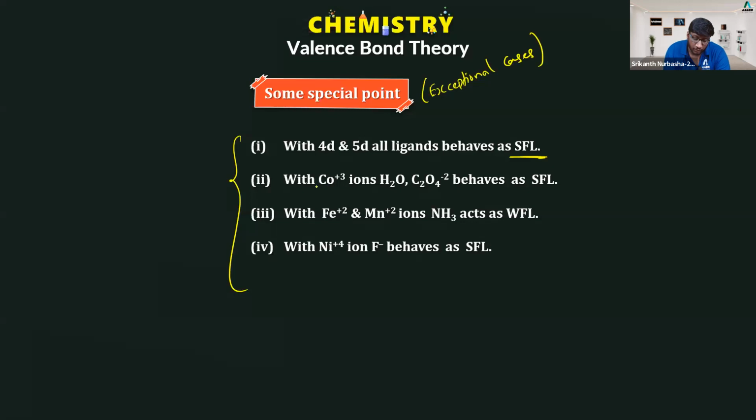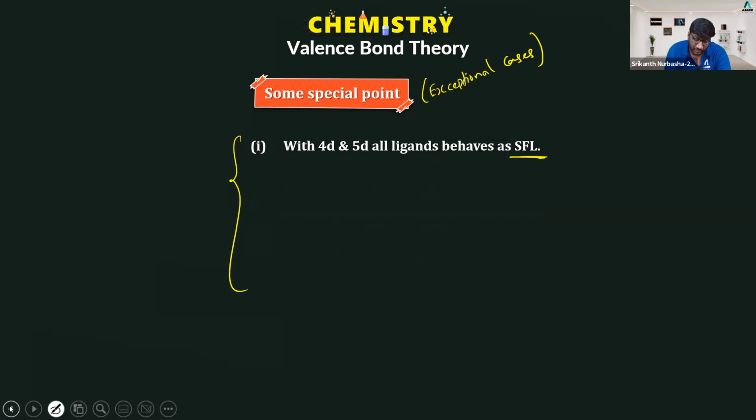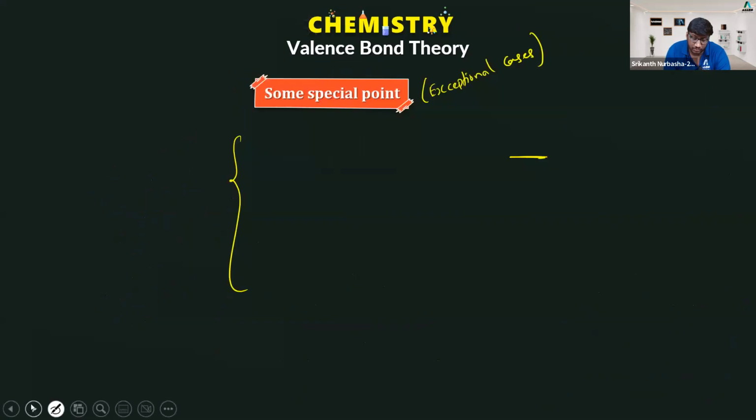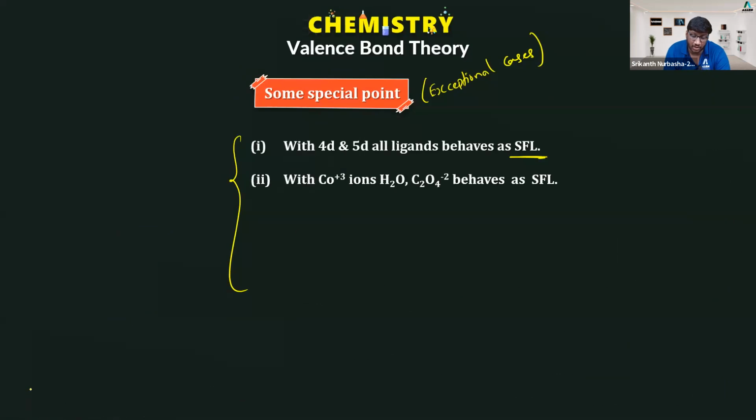With the cobalt plus 3 ion, H2O and C2O4 2 minus behave as strong field ligands, like we have seen earlier. Up to H2O we have weak field ligands, right? But with the cobalt plus 3 ion, H2O and C2O4 2 minus behave as strong field ligands.